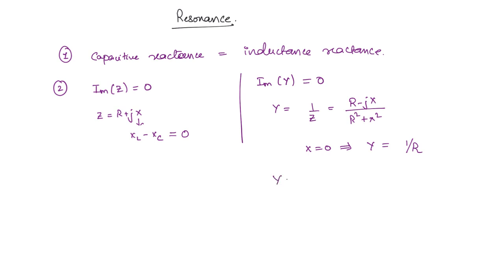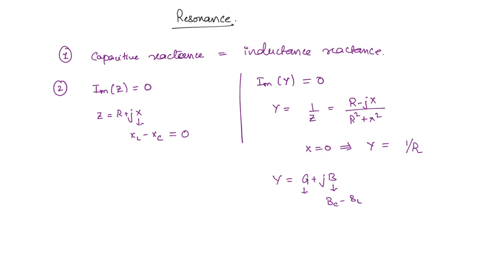Now Y we often express as G plus jB. This is the conductance and this is the susceptance, and we often write susceptance as BC minus BL. In the impedance, the inductive reactance is positive, whereas capacitive reactance is negative. In the susceptance case, capacitive susceptance will be positive, right?